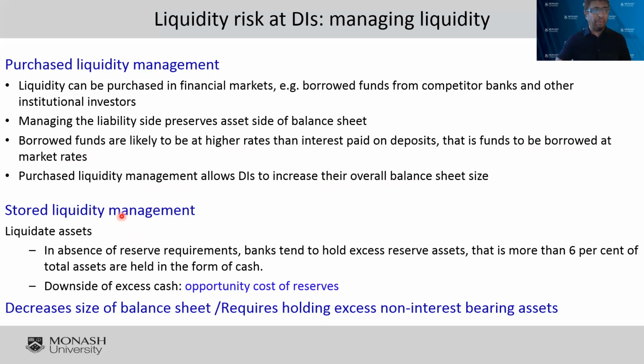Now let's talk about stored liquidity. This is just selling my assets, which is liquidating my assets. In the absence of reserve requirements, banks tend to hold excess reserve assets of more than 6% of total assets, held in cash. So we are talking about securities, like government securities.